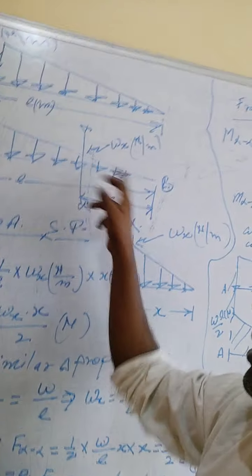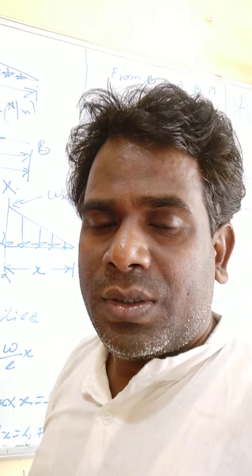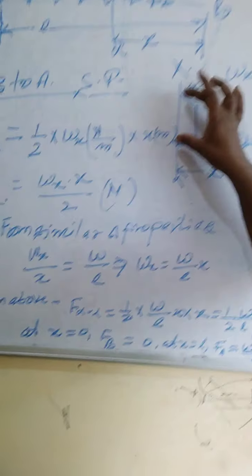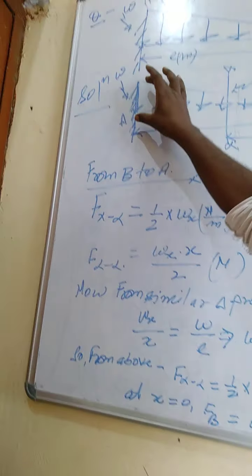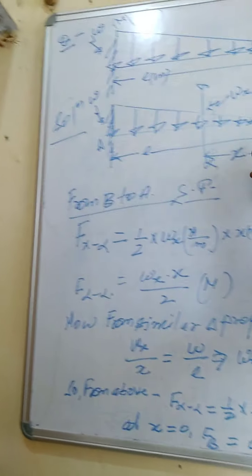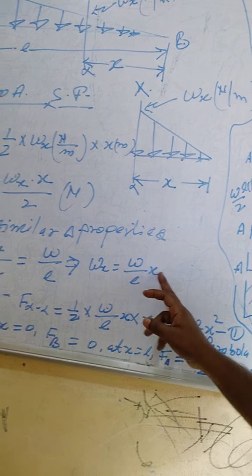So we will apply the property of similar triangles, that is, the ratio of their sides will be equal. So the height of this triangle Wx upon x will be equal to the height of the bigger triangle W upon the base of this triangle L. So Wx by x equals W by L. From here we can calculate Wx equal to W by L into x.